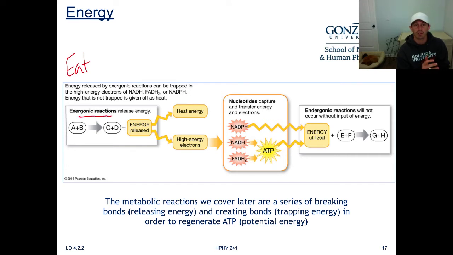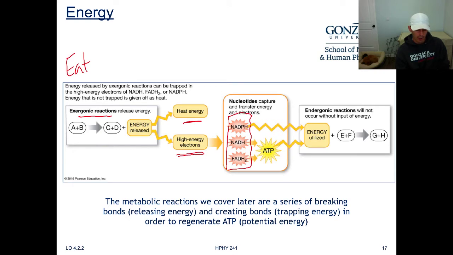So that's exergonic reactions. It releases energy, in the form of high energy electrons, and temporarily that energy gets trapped in the molecules I just mentioned, NADH and FADH2.